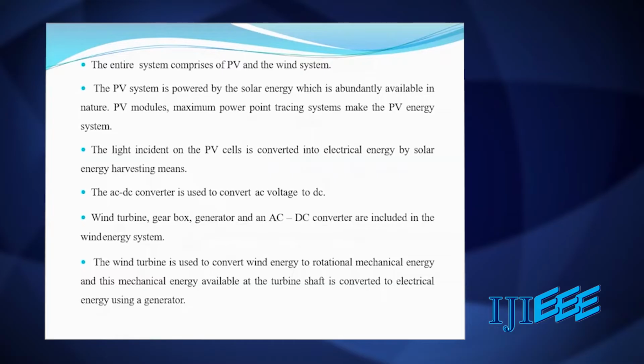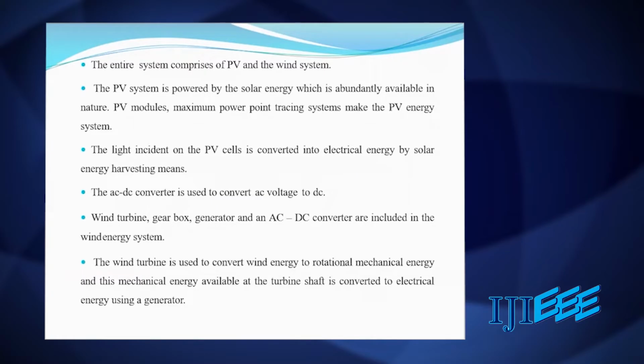It includes PV modules, maximum power point tracking systems, and PV energy systems. As the basic principle, the light incident on the PV cells is converted into electrical energy by solar energy harvesting means. A DC to AC to DC converter is used to convert AC voltage to DC voltage.